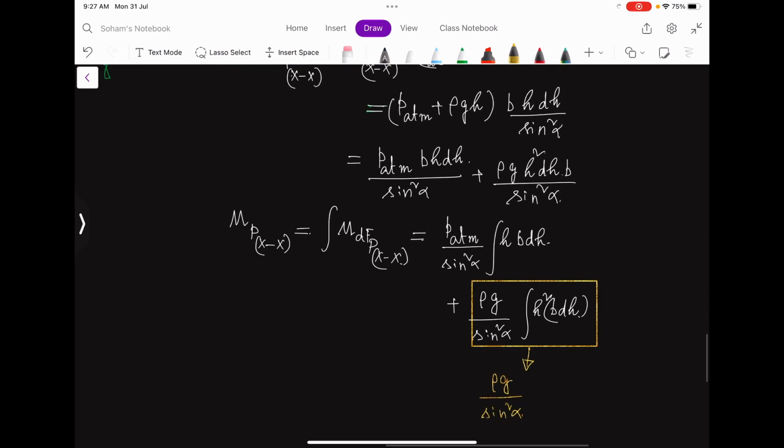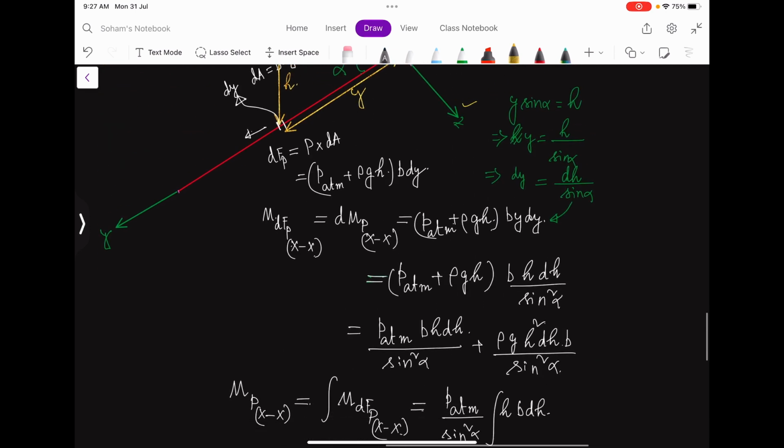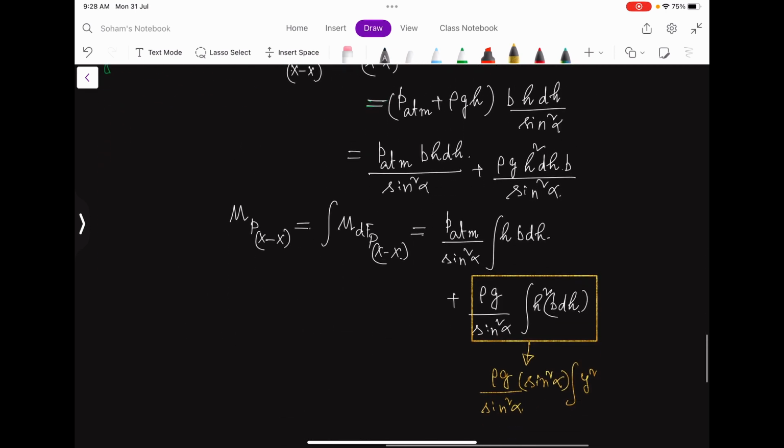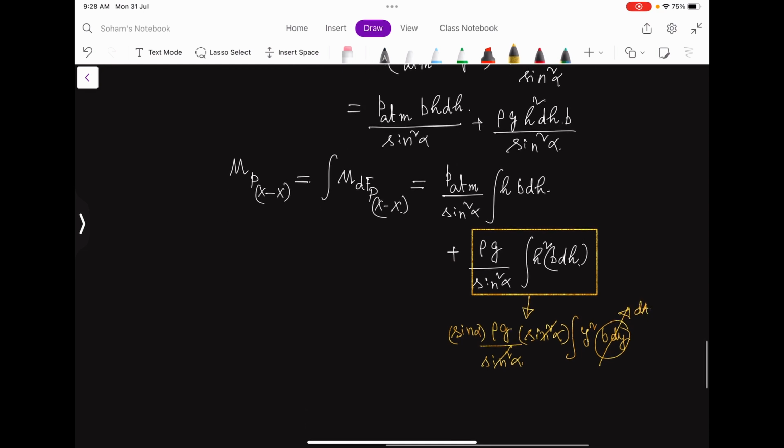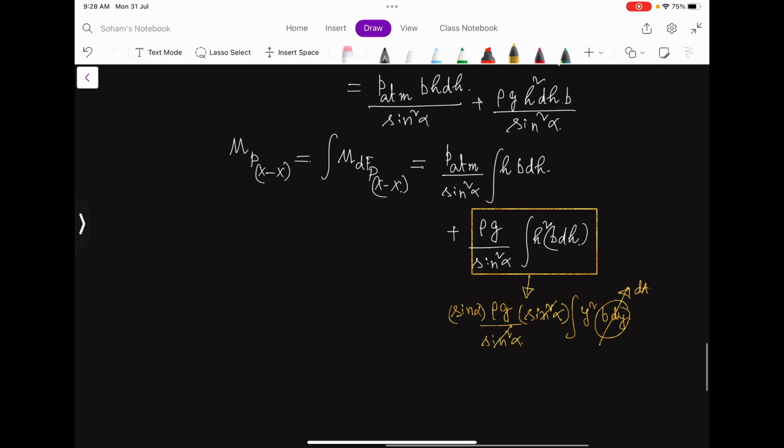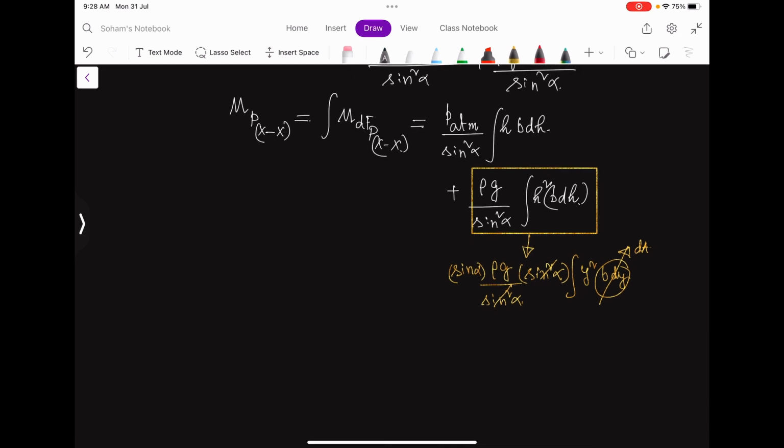There will be a sine square alpha, there will be a y square, there will be another sine alpha, because dh means dy sine alpha, right? So these will be cancelled out, and this is b dy. Now this b dy is nothing but the dA, so this is y squared dA. Now just tell me, what is this term?